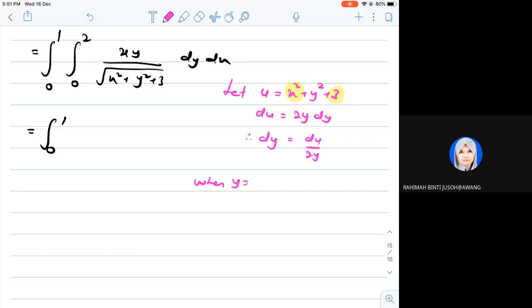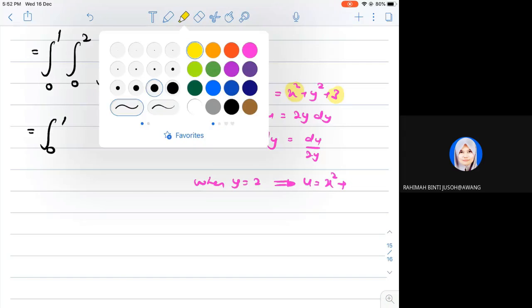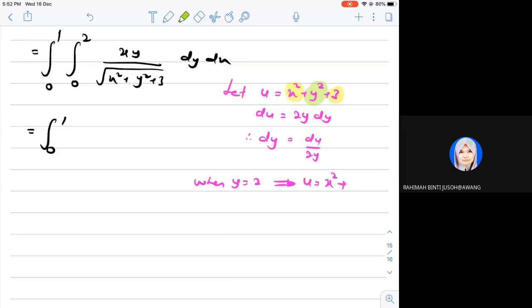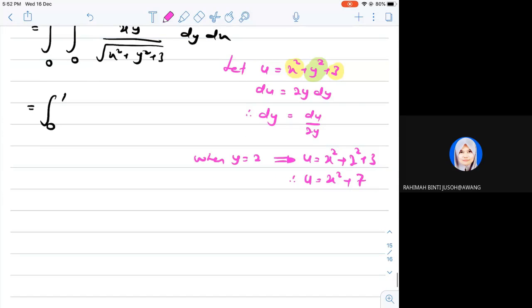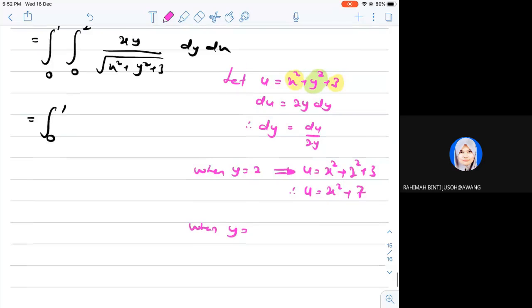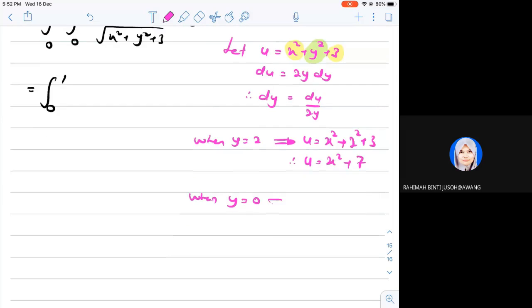When y equals 2, u equals x squared plus 2 squared plus 3, so u becomes x squared plus 4 plus 3, which is x squared plus 7. And when y equals 0, u equals x squared plus 0 plus 3, so u equals x squared plus 3.